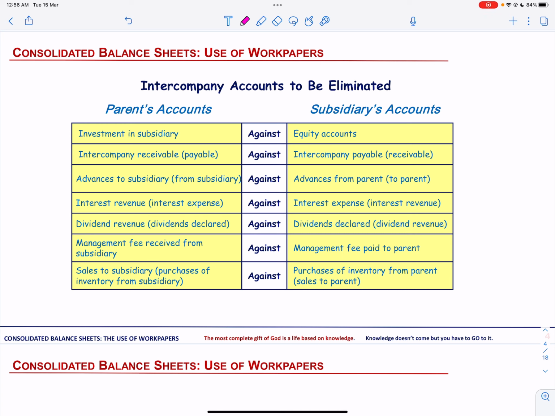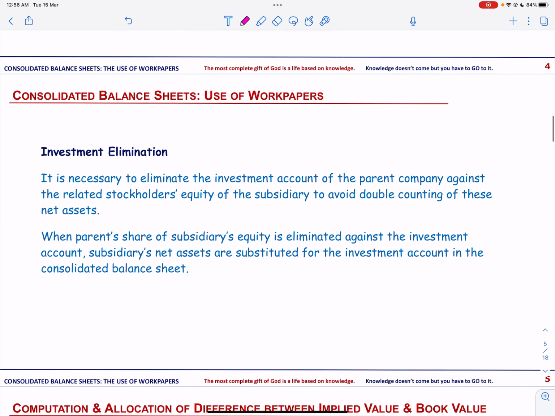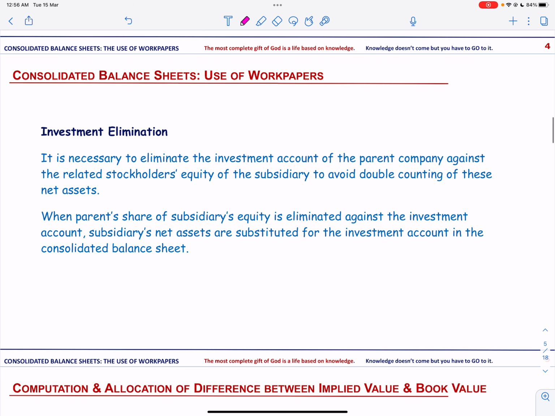The process of combining the individual assets and liabilities of a parent company and its subsidiary at the date of acquisition is discussed next. While preparing the consolidated statements, the first elimination to be made is of the investment account and the related subsidiary's stockholders' equity. Investment account represents the investment by the parent company in the subsidiary and is the reciprocal to the subsidiary company's stockholders' equity.